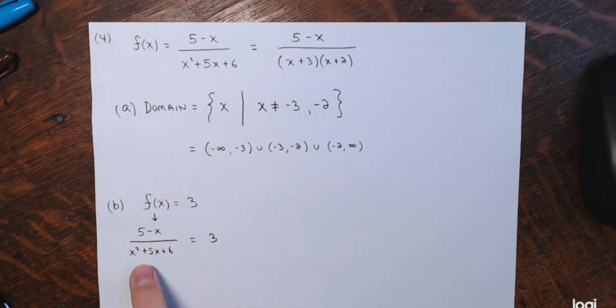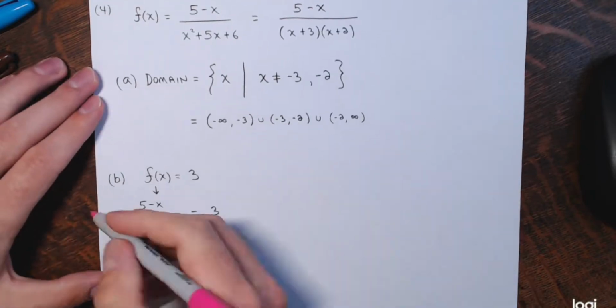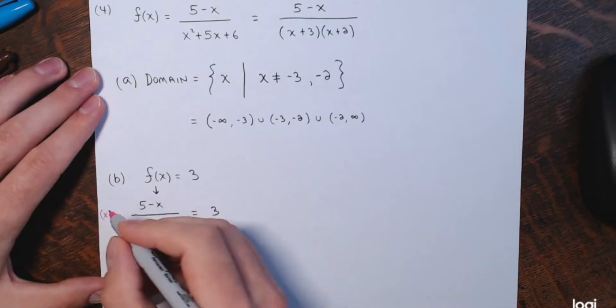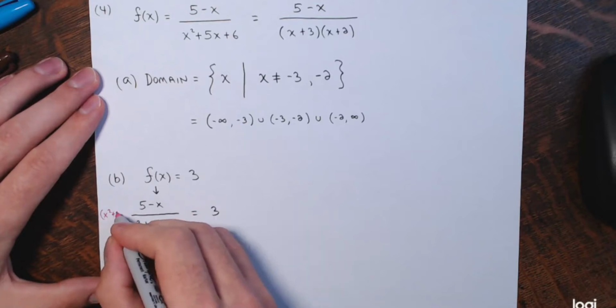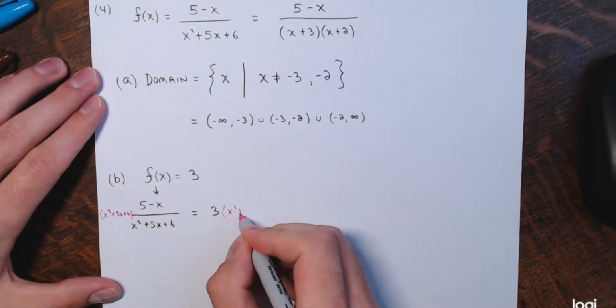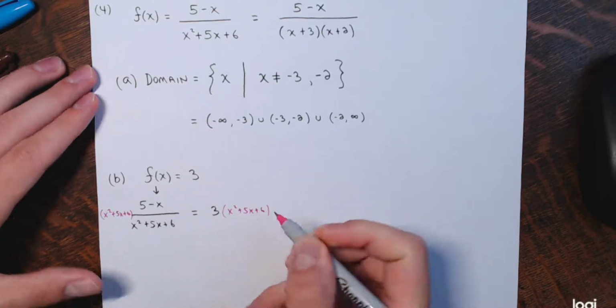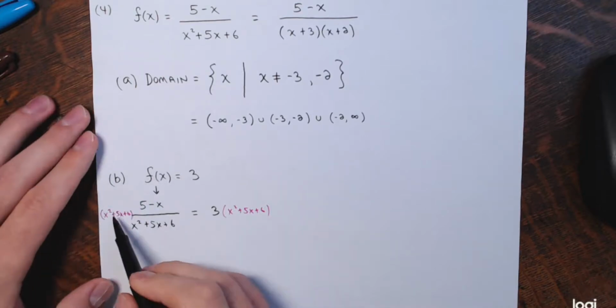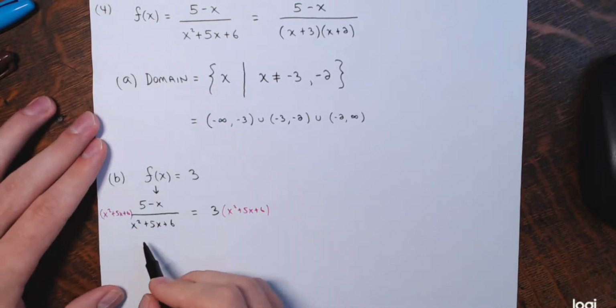And the LCD, again there's only one denominator here. So I'm going to be multiplying both sides by that one denominator, right? X squared plus 5x plus 6. And do the same thing to the other side, x squared plus 5x plus 6. Now the left side, the denominator will cancel, leaving me with 5 minus x.